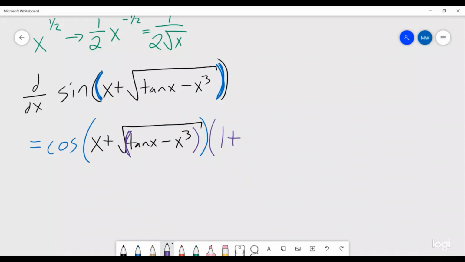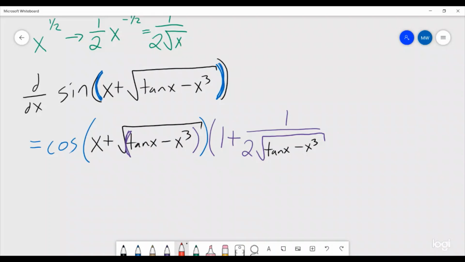It was 1/2 times the square root of that stuff. So this is going to be a 1/2 over the square root of that inside stuff, which was tangent x minus x cubed. But we're not done yet. We have to multiply this piece by the derivative of that inside stuff.